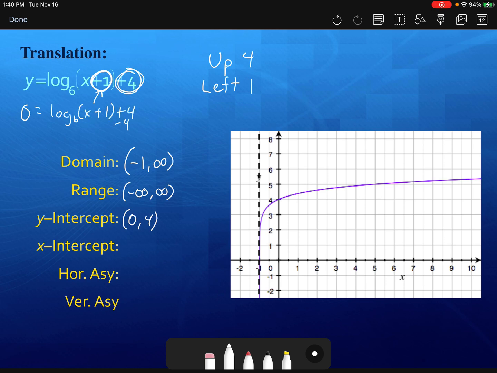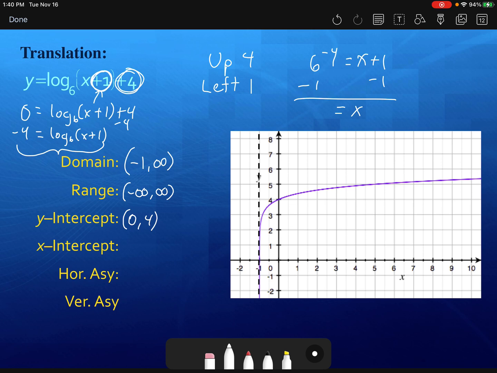Okay, well we would subtract 4. Let's just see if we can do this. So log base 6 of x plus 1 equals -4. Oh, sure, we can do this. So change this to exponential, which would be 6 to the -4 equals x plus 1. And then subtract 1. There's our x.